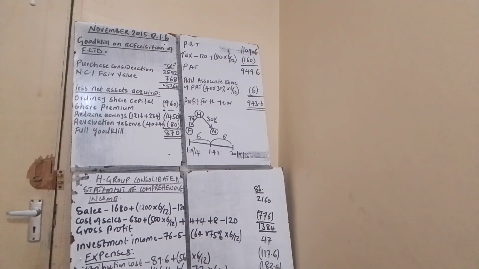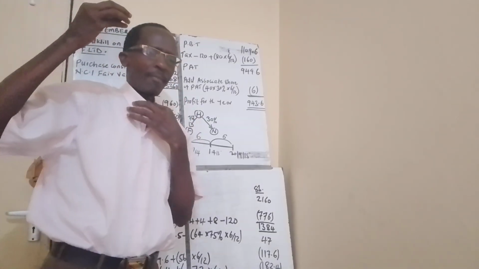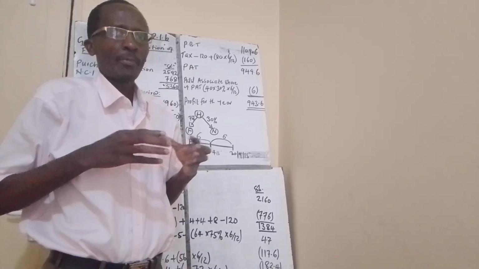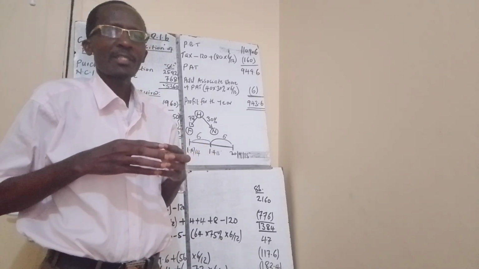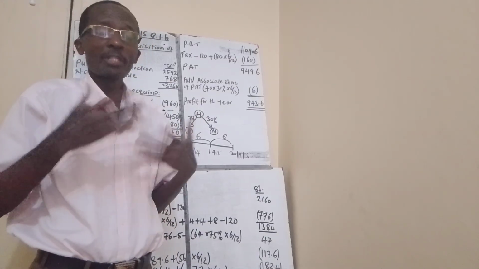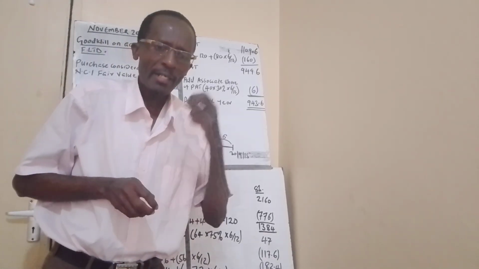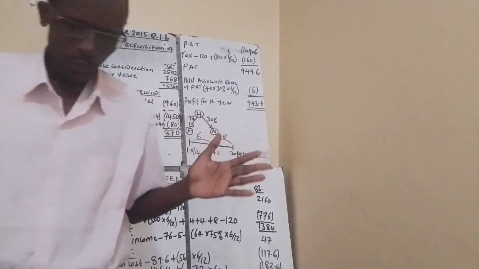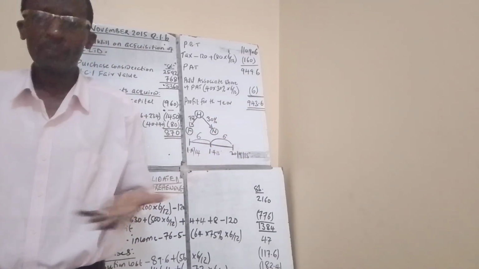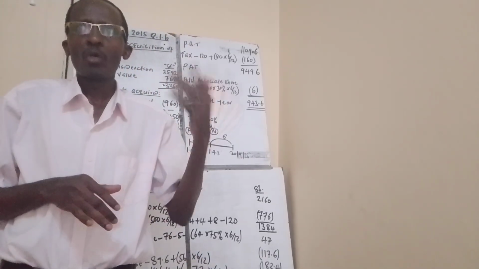So what we know is that if the carrying amount, which is also known as the net book value, is more than the net realizable value, then that asset is said to be impaired. And this is the opposite here. If this is the opposite, then there is a revaluation gain. Establish the difference between the carrying amount and the net realizable value to see whether there is an impairment or revaluation gain.